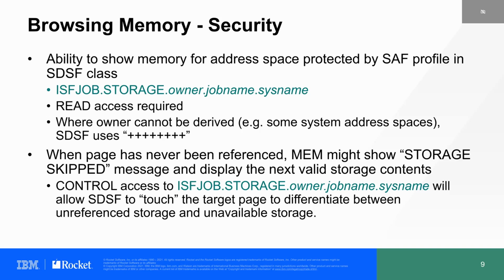So if you've got control access to the same SAF profile as before, we will send a tiny little SRB that just touches the first byte of that page, hopefully bringing in unreferenced storage, backing it so that we've got some binary zeros, which makes some of the displays a little bit more consistent. If you don't want that to happen, just keep the users with read access and you'll all be good. But you will see maybe some storage skip style messages or warnings that come up in the top right-hand corner.